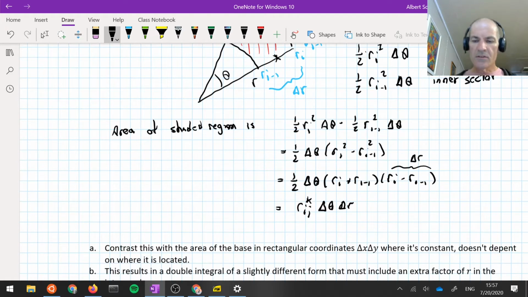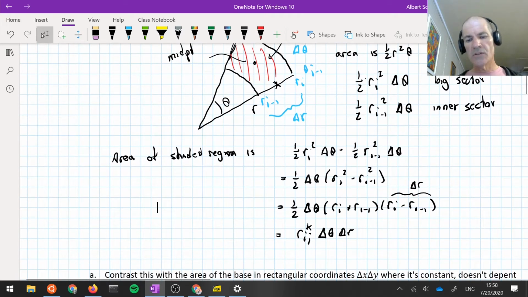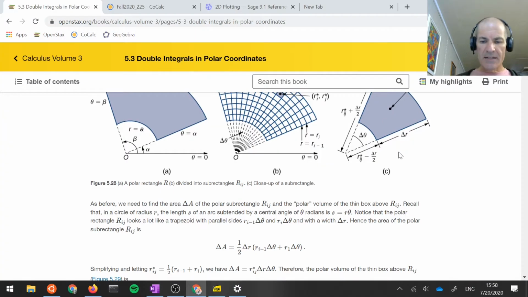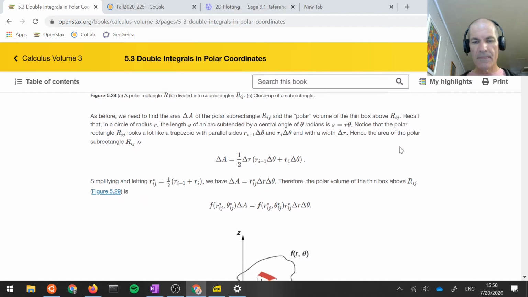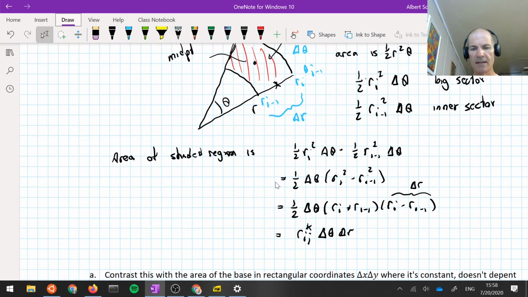So we get this convenient little formula, again, if we agree to use the midpoint rule. It's not super important that we agree to use the midpoint rule, but this is the easiest way to explain what's about to happen. Going back to the text now, we end up here that the area of one of these little sectors is r sub ij star times delta r times delta theta. It's exactly what we have here.